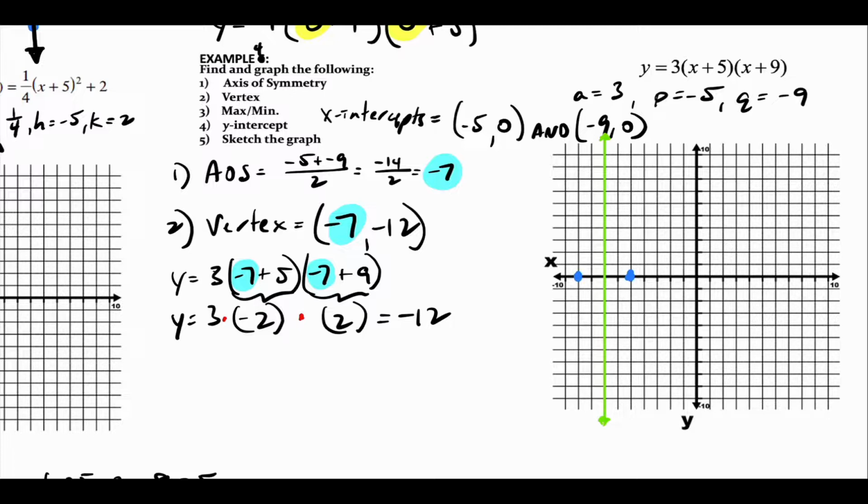Problem is -7 comma -12 is off my graph, but not too much. Not so much that I can't kind of estimate where it's going to be. So -7, if I go 1, 2, 3, 4, 5, 6, 7, 8, 9, 10, 11, it'll be right about here.